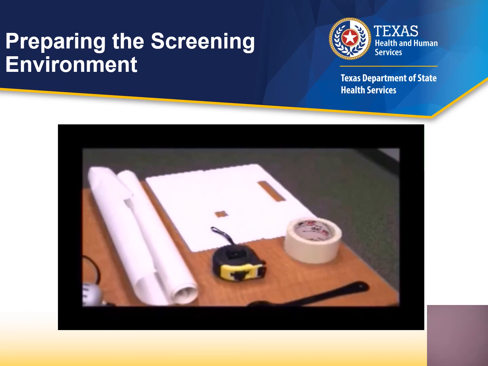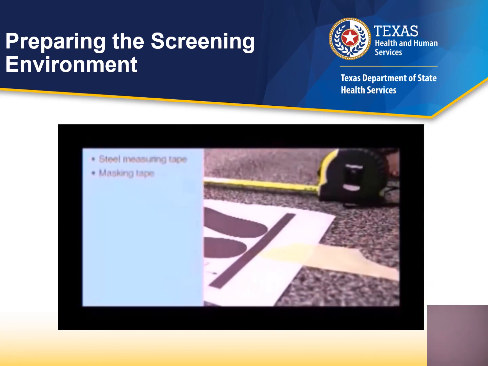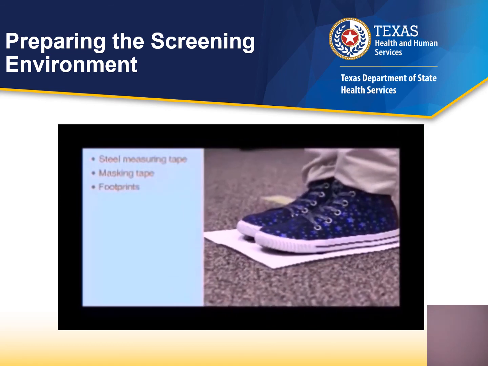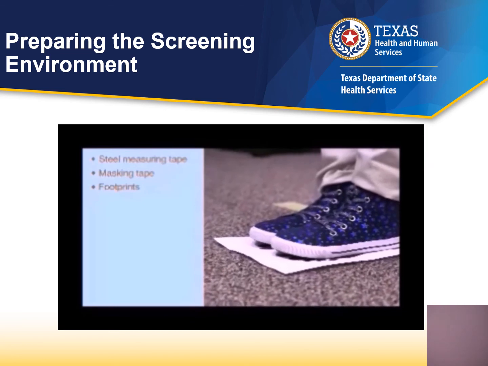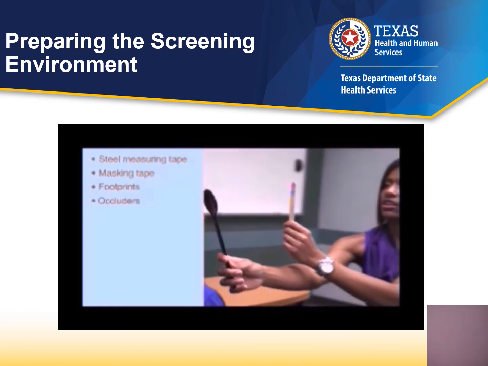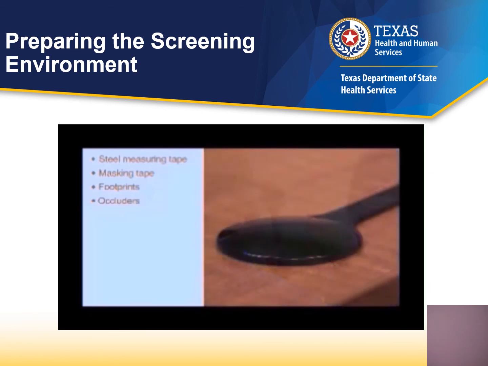When preparing for a screening, you'll want to make sure you have the following items: steel measuring tape, masking tape, footprints that indicate where a child should stand. These are available in the appendix of this manual. Occluders. Examples of occluders are heavy paper with rounded corners, paper cups, or commercially produced paddle-like devices.